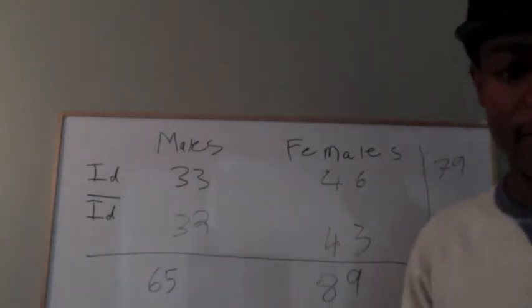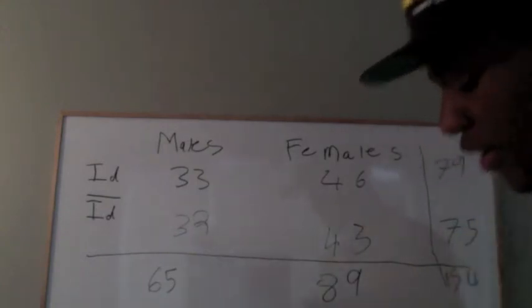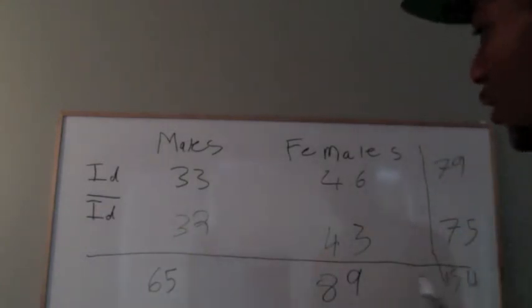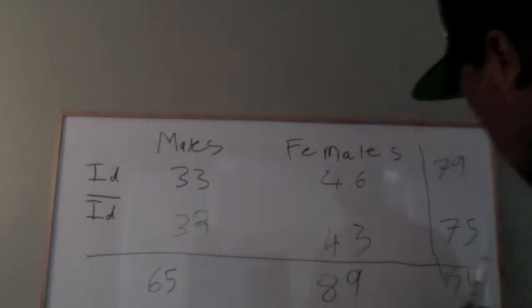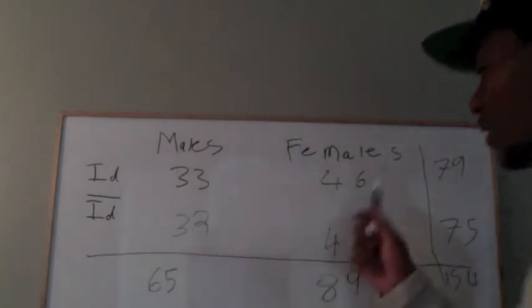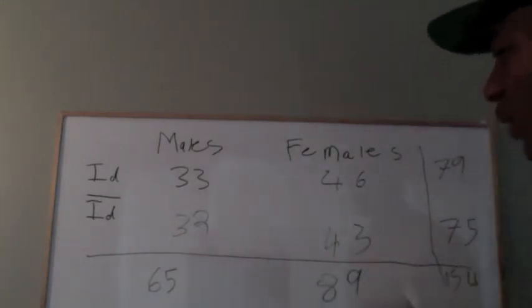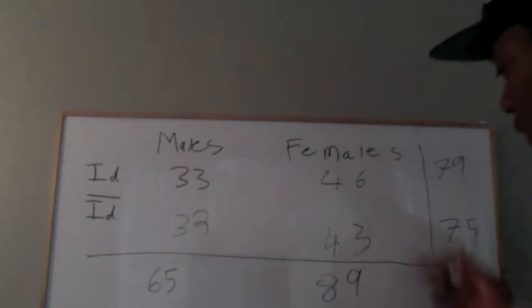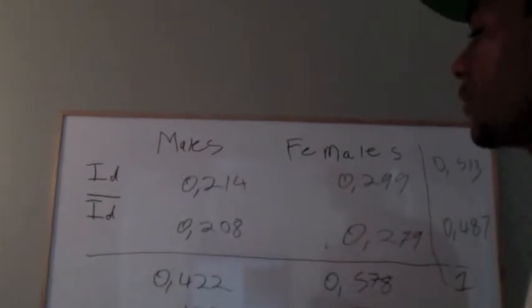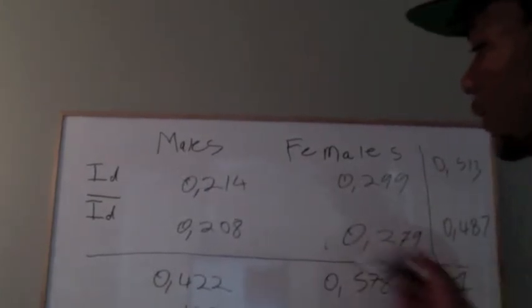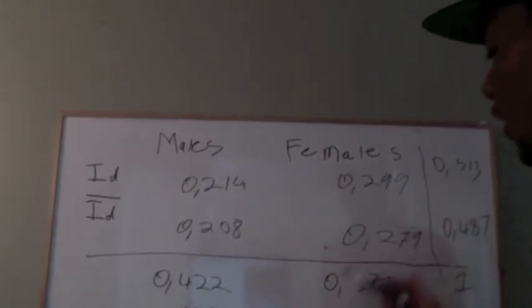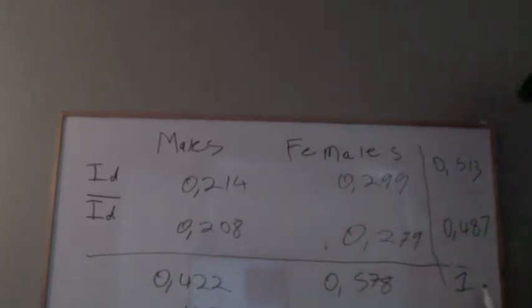Now the next step is pretty simple as well. All you have to do is divide 33 by 154, 46 by 154, 32 by 154, 43 by 154. All these numbers here you divide by 154. This is what you should get after you divide everything by 154. These are the numbers you should come up with. You even divide 154 by itself, and that's how you get 1.